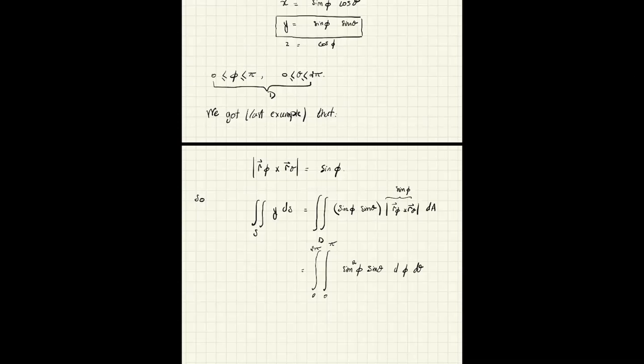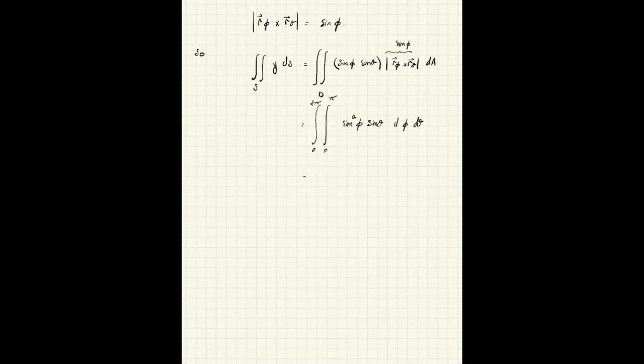Now, this is a usual integral. Sine squared is 1 over 2 times 1 minus cos of 2 phi, d phi, times the integral from 0 to 2 pi of sine theta d theta, okay?